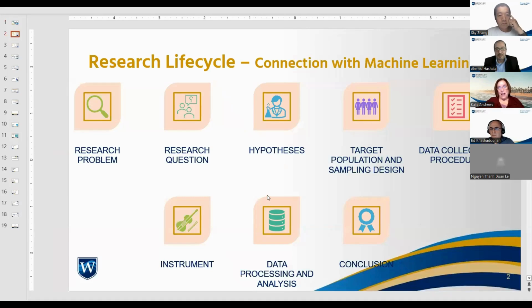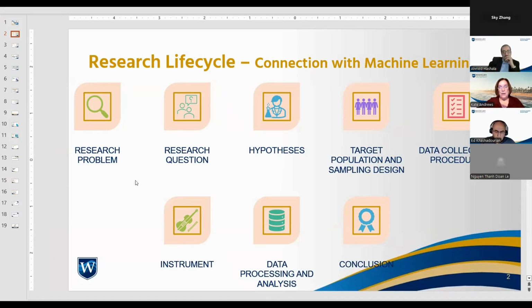Well, the research life cycle has 8 different steps. We have the research problem and question, hypotheses, the target population, data collection, the instrument, data processing and analysis, and then we write up our results.